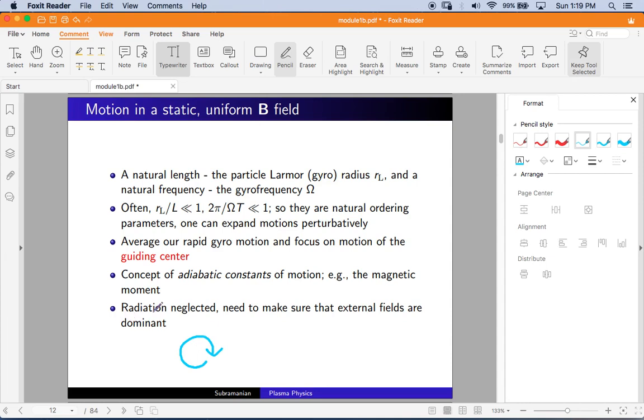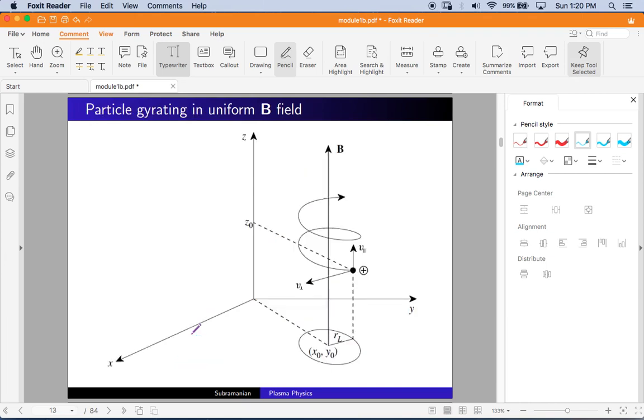So we neglect the fact that the particle emits radiation and therefore slows down. This is another way of saying that the external fields are dominant. The self-consistent fields generated by the motion of the particles are neglected.